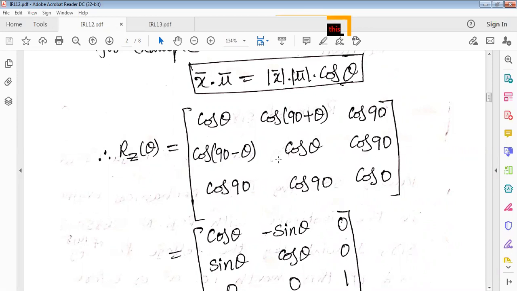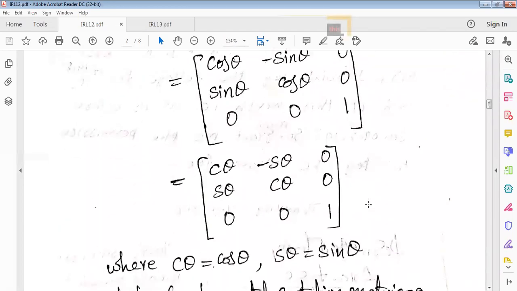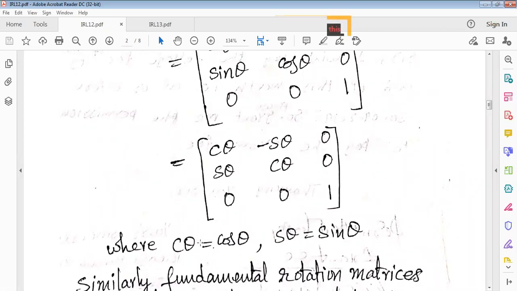Similarly, you write all the elements in this matrix: cos 90 minus theta, cos 90, cos 0. So about the z-axis, the rotation matrix in terms of theta is: cos theta, minus sin theta, 0; sin theta, cos theta, 0; 0, 0, 1. You can write this matrix in simple form, where c theta means cos theta and s theta means sin theta.